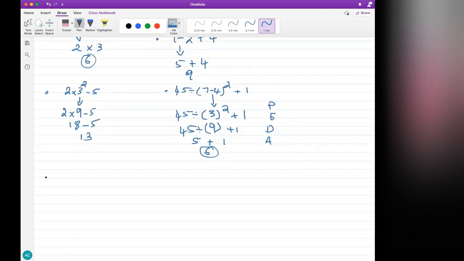I'm going to put in a few operations as well. So you have 12 plus, let's say, 3, 8 minus, let's say, 5 to the second power. And we can even add in maybe a division.